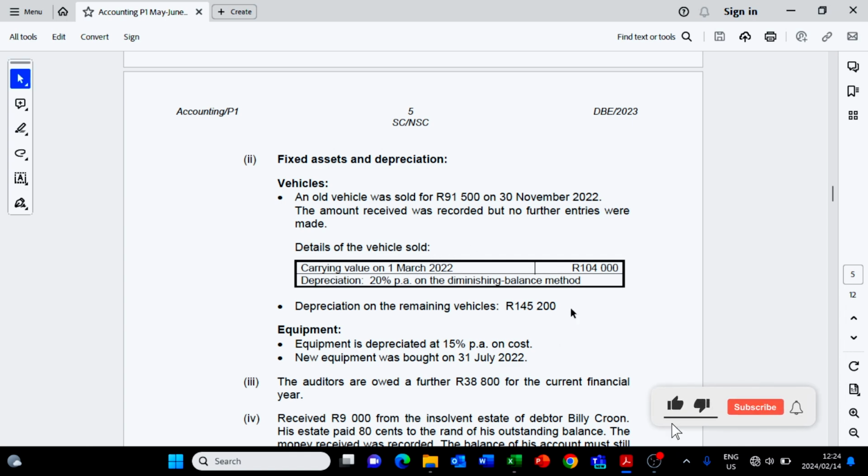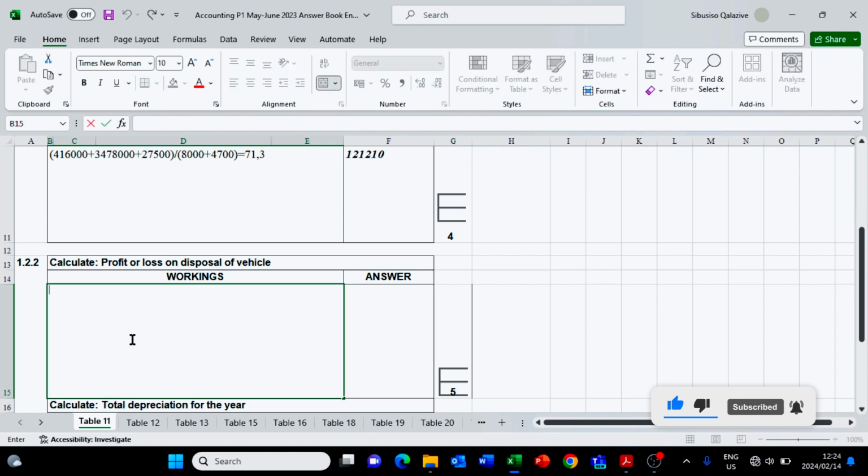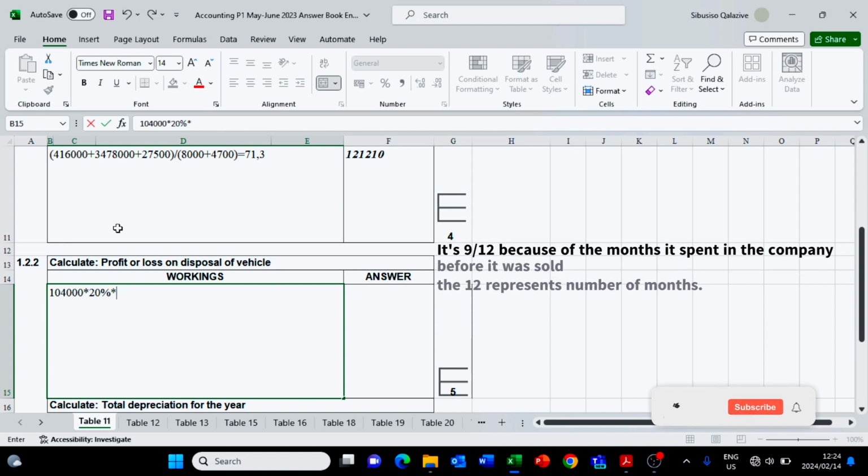So we are going to take this 104, let's go to the calculation. 104,000 times 20% times 9 over 12.